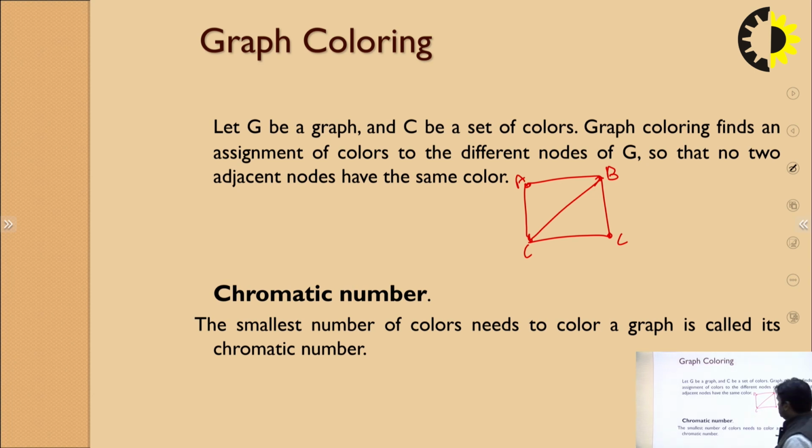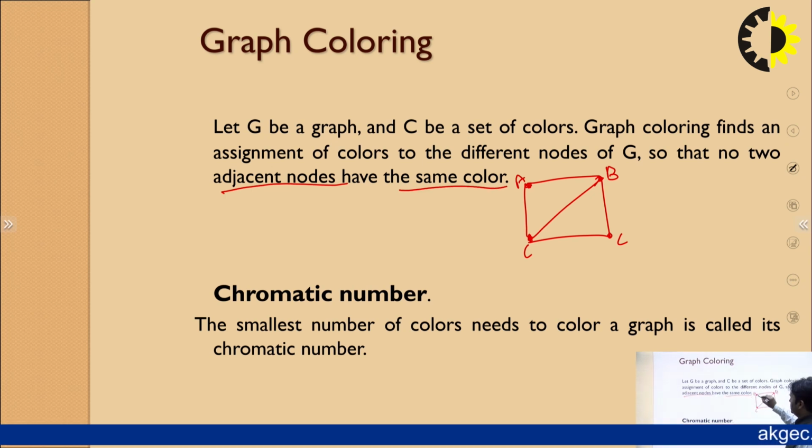We assign a color to each vertex, each vertex with a different color, in such a manner that no two adjacent vertices have the same color.